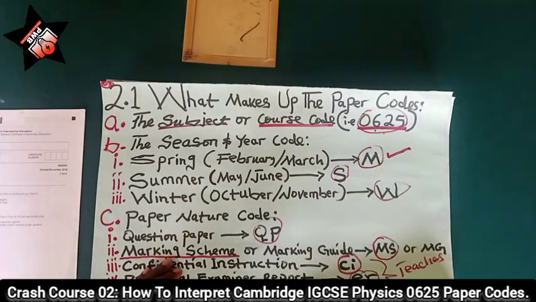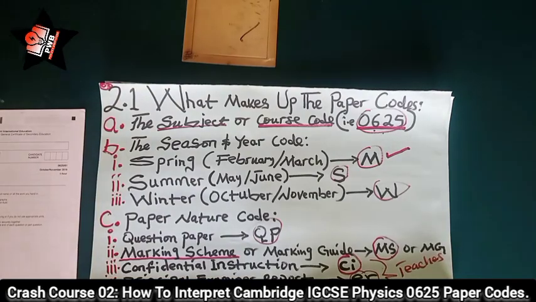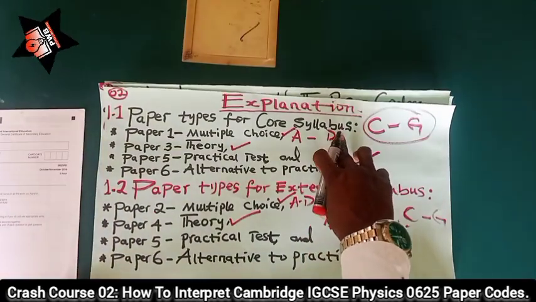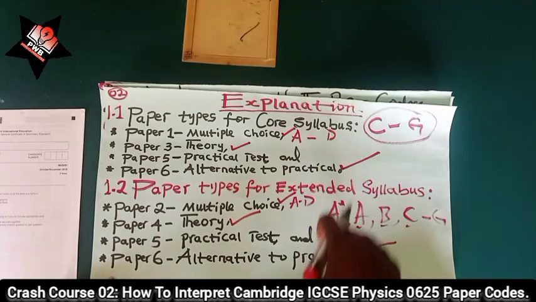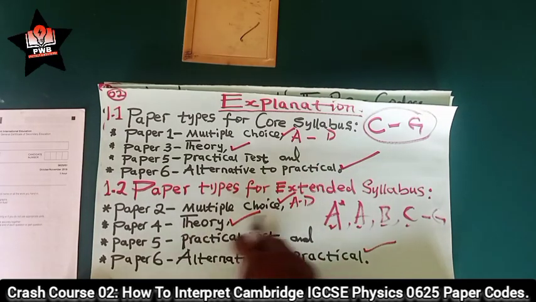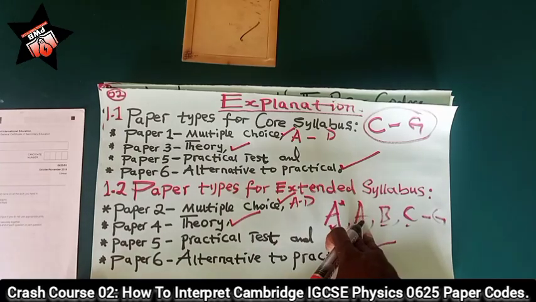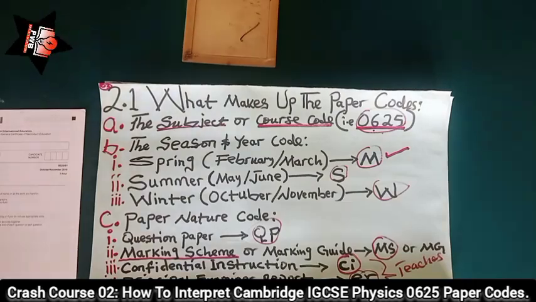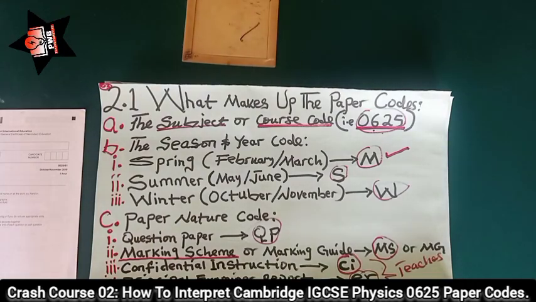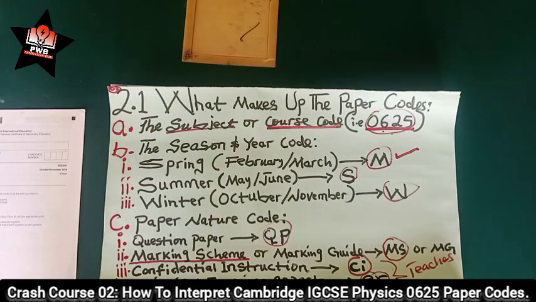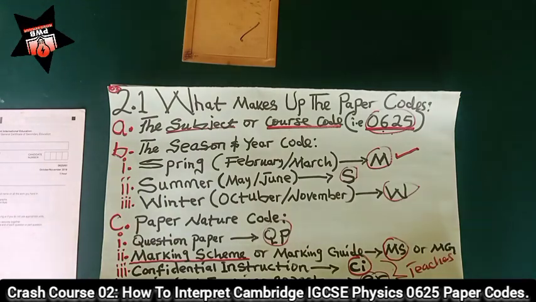You are doing the course syllabus, and you are busy preparing using materials for extended. It does not work that way. You are preparing for extended, and then you are busy using materials for the core. But because of this information, you can go on the internet and be wise enough to choose the right material for the right time, for the right season, for the right paper, for the right examination.